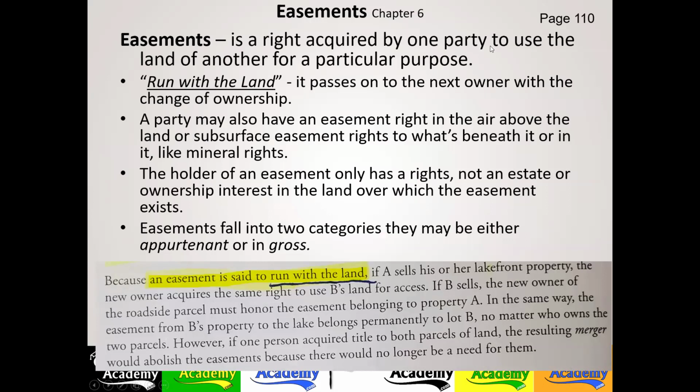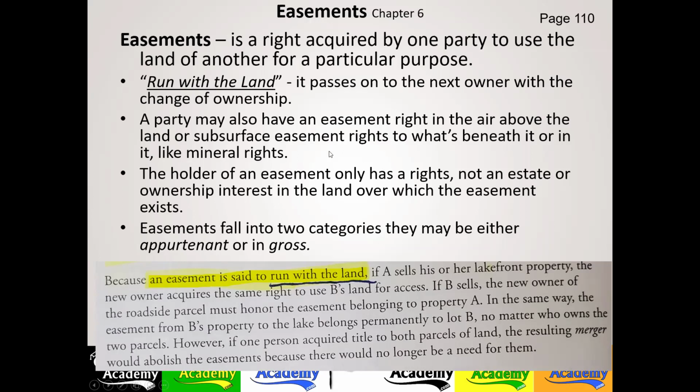So an easement is a right acquired by one party to use the land of another for a particular purpose. This easement will run with the land. That means it passes from one owner to the next, even when the ownership is changed. Now, a party could also have an easement right in the air above the land or subsurface easement rights to what's beneath it, whether it's just the space or the minerals in the ground.